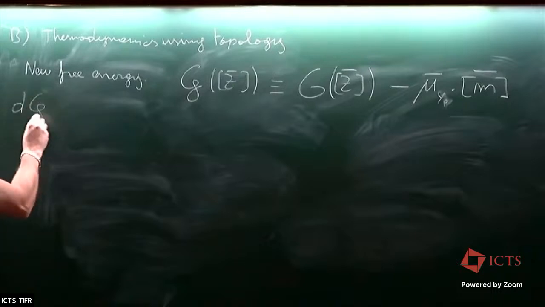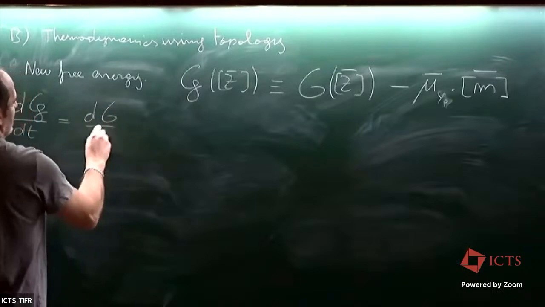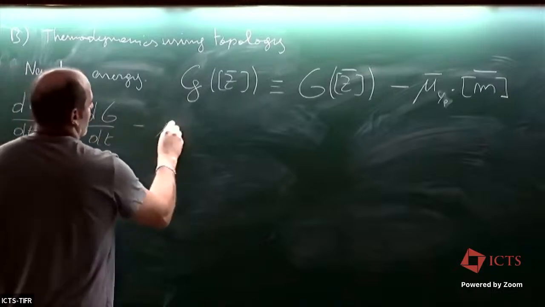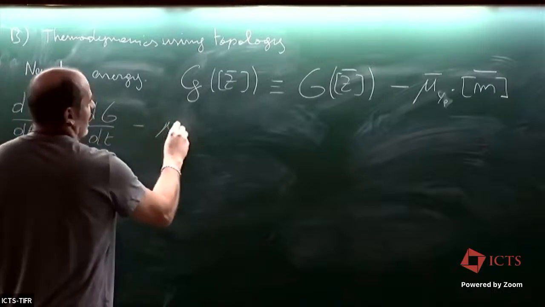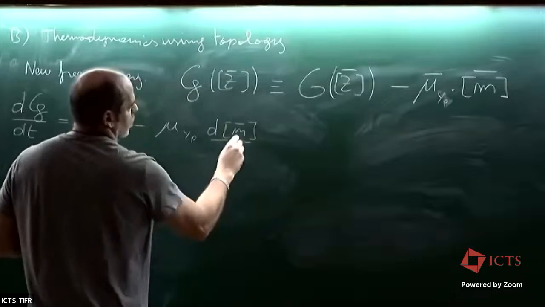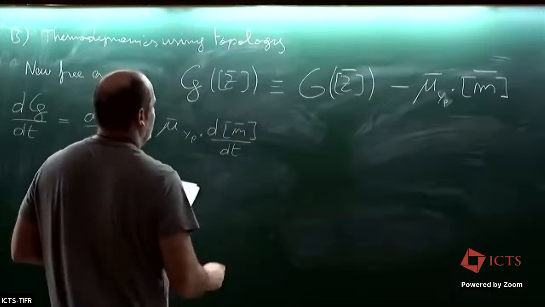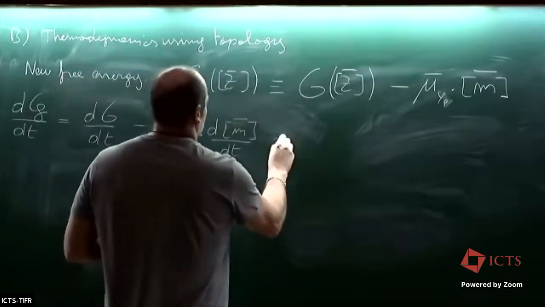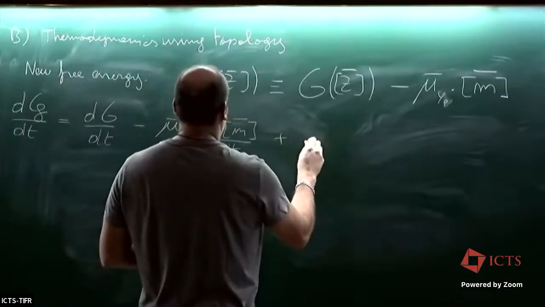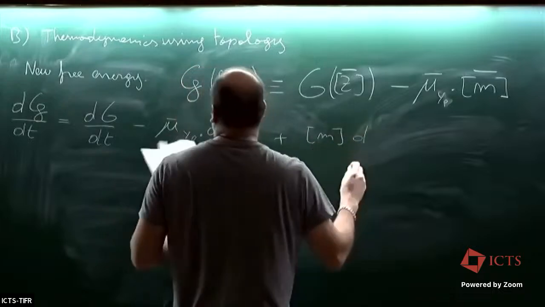So now I take the derivative of that thing. The first term is the derivative of J, and that one we know already. And the second one will have two terms. The derivative of the moiety, or broken conservation law, if you prefer. It's a special basis. And the second term, and that's actually related to what you were asking, because we don't necessarily assume that this guy is fixed.